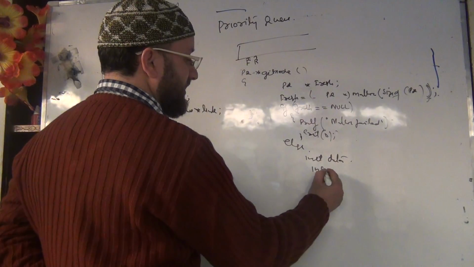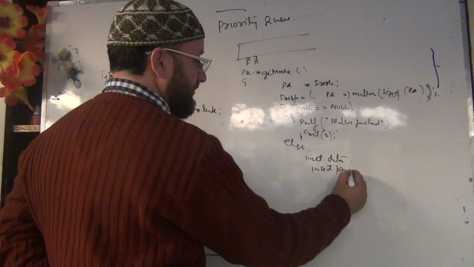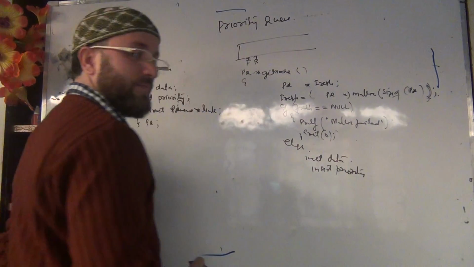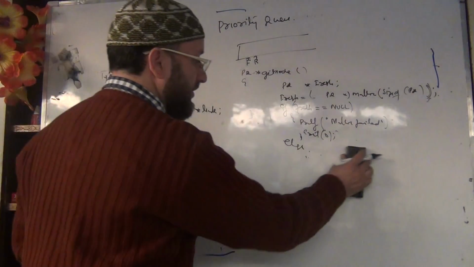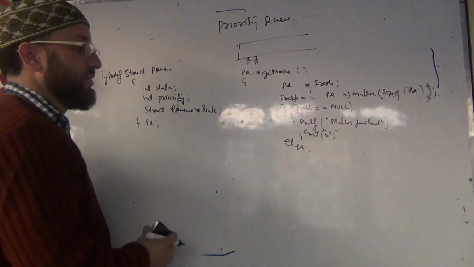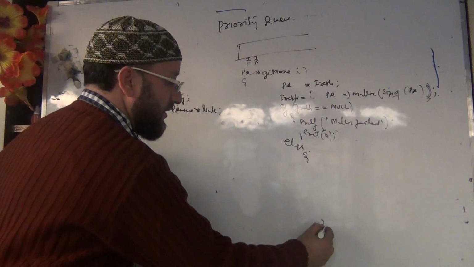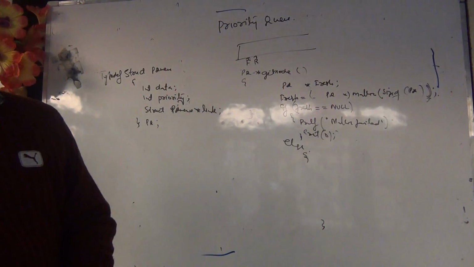How will we insert data and insert priority? You come here and do this by asking the user and then scanning that.